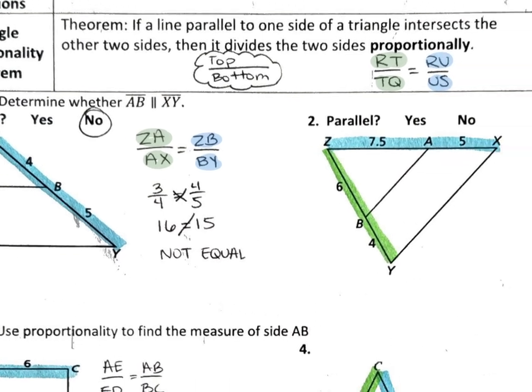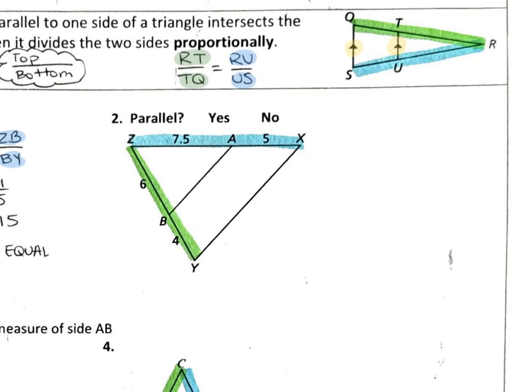If we set up the entire problem number 2, keeping the greens with the greens and the blues with the blues, the letters we would use for this one would be ZB over BY equal to the blues, ZA over AX.